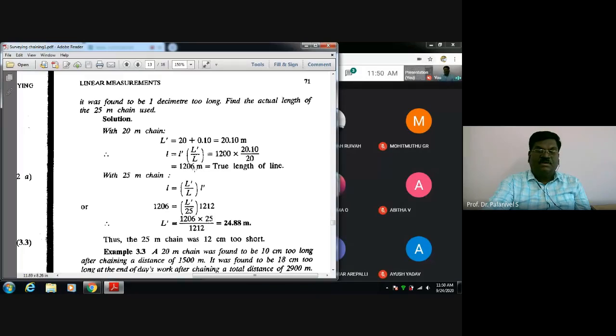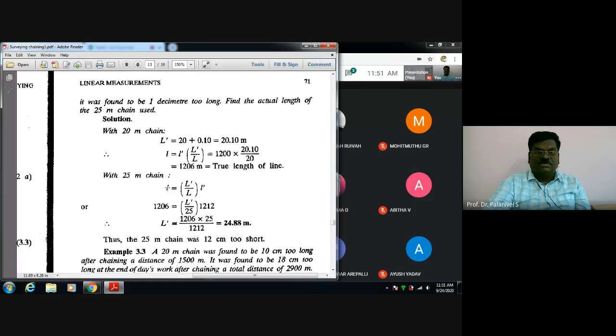Now we are using this to determine the actual length of the other chain. True length of the line is equal to L dash by L into small l dash. What is the true length of the line? Just now we determined 1,206 meter.